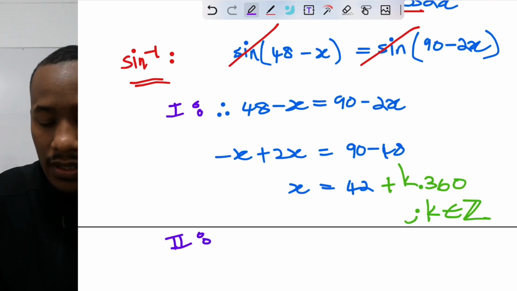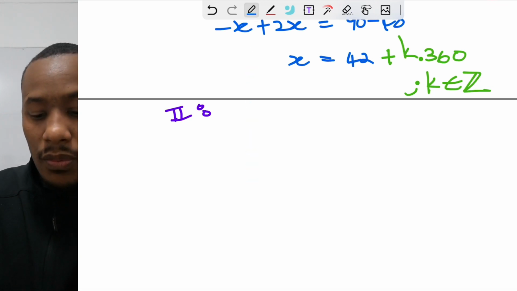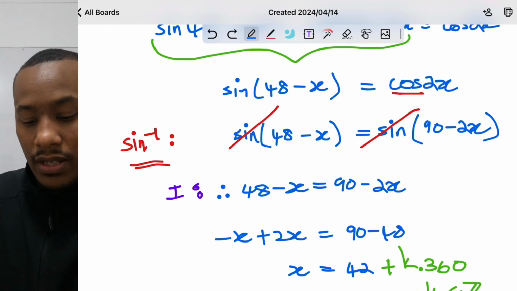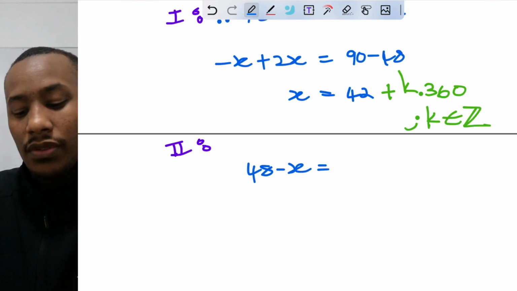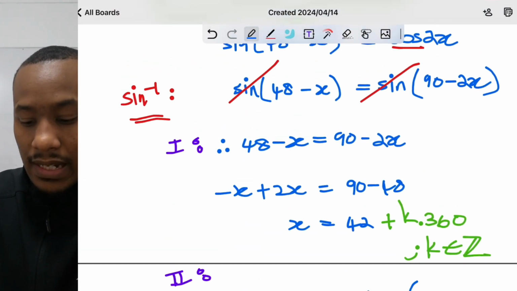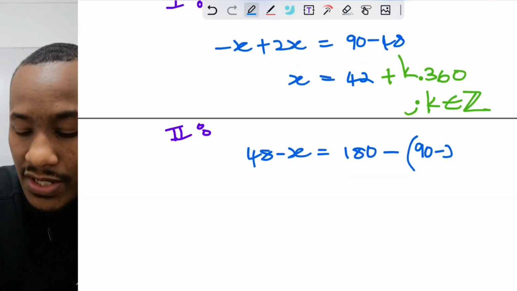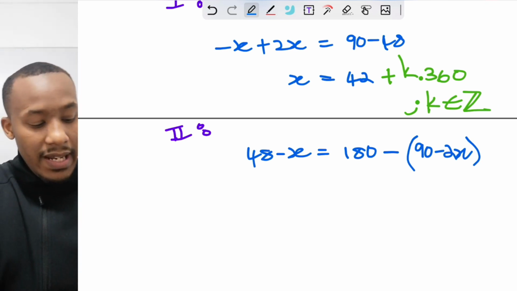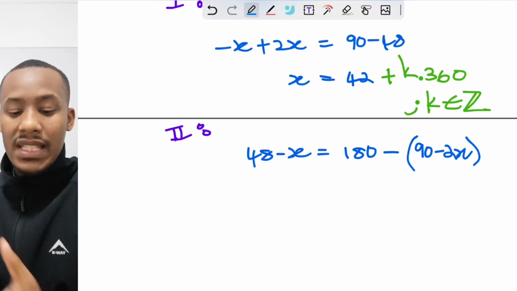Sine is also positive in the second quadrant, which means we can't just make these angles directly equal to one another. 48 minus x is also equal to 180 degrees minus 90 minus 2x. So in the second quadrant, we have 180 minus, and therefore you say the one angle equal to 180 minus that angle. We do this because it's sine.